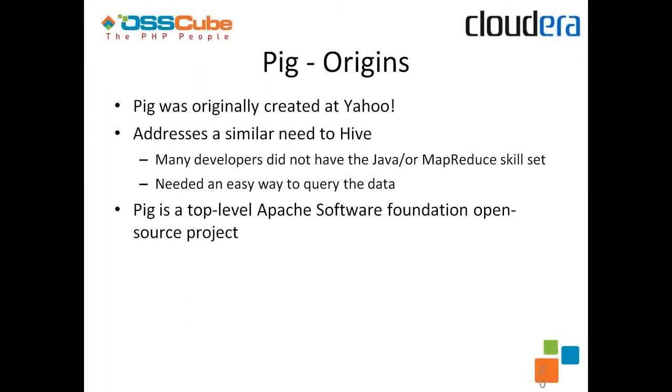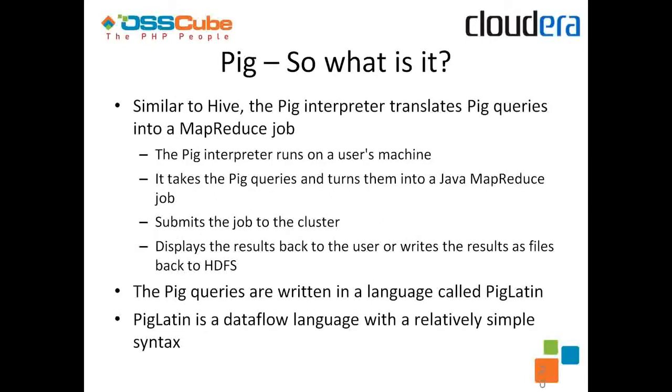So they sort of tried to address a similar need that Hive tried to address. Many of them did not have the Java skills or the MapReduce skill set, but still needed an easy way to access the data on the clusters. And so they started Pig. Currently Pig is a top-level Apache project, so you can find more about it on the Apache website.